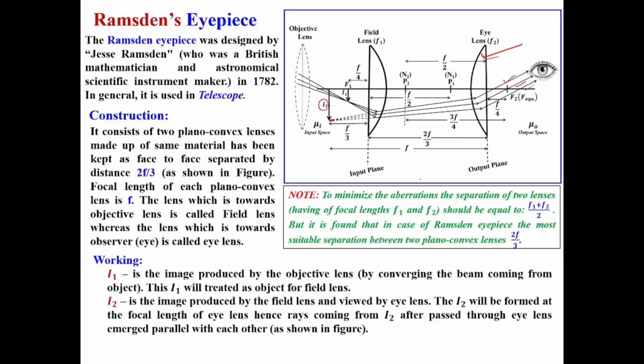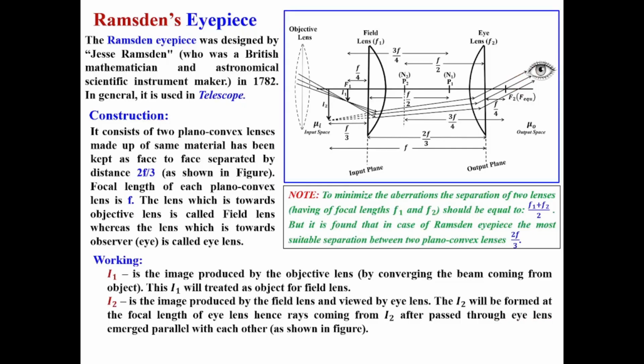Recall, suppose this is a simple lens and this is the first focal point. If rays come out from this focal point, after refraction through the lens they will be parallel to the principal axis. So the rays passing through the eye lens emerge parallel with each other.